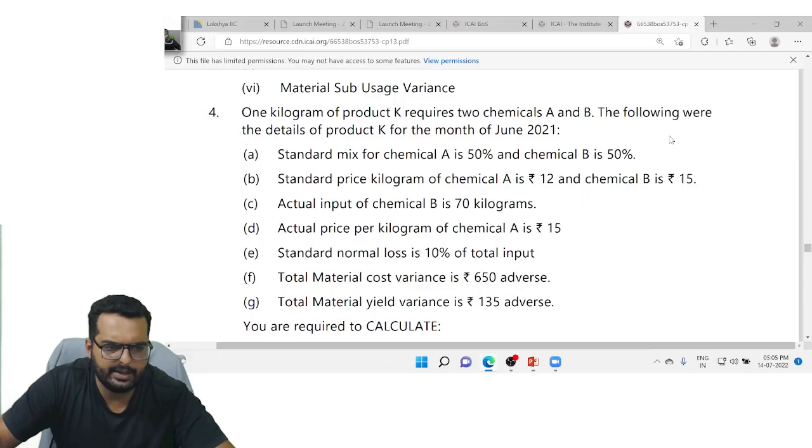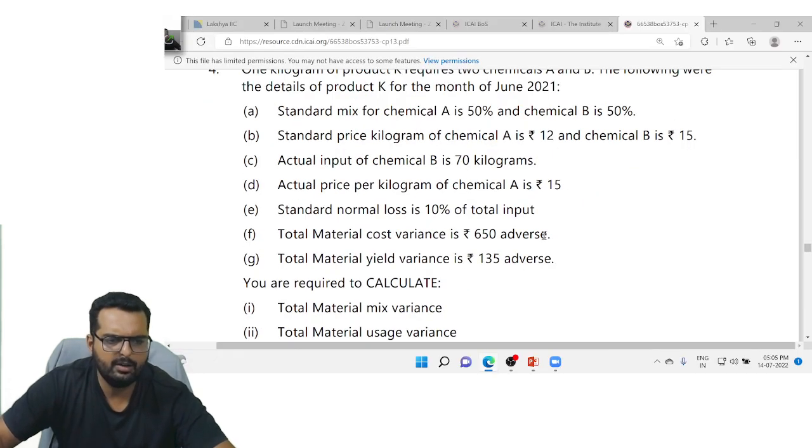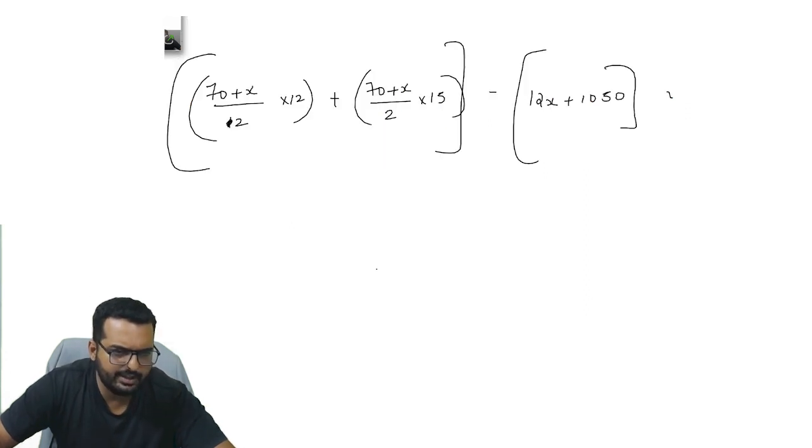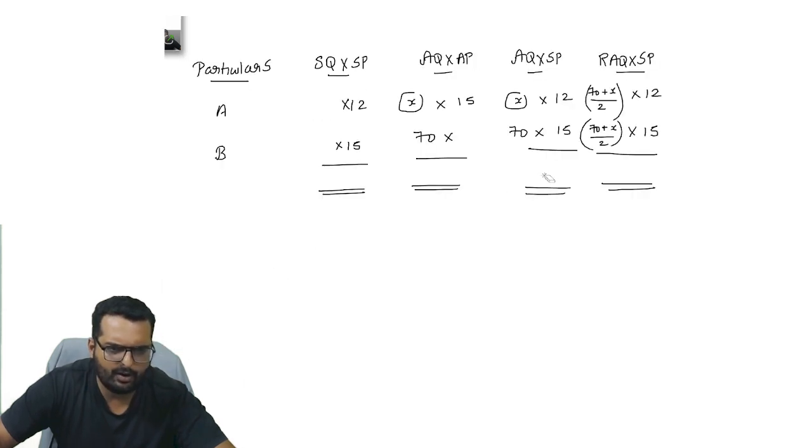This will be your mixed variance. How much is the mixed variance told over here? Oh, they don't have the mixed variance. They have the yield variance over here. Is it? Yield variance is what? 1 minus 4. Sorry, friends. In that case, so much of hard work will not be required actually.